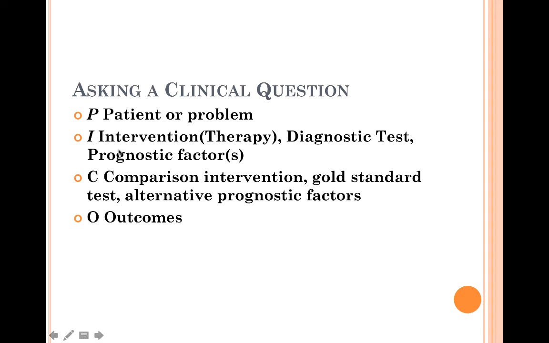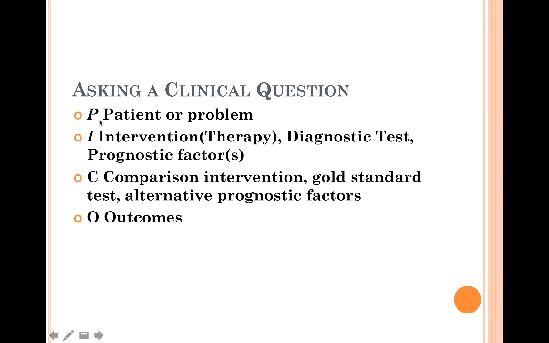So the I would be any one of these that you're interested in, and then what you want to compare it to would be the C. If we had an intervention or therapy that was interesting to us, like exercise, and say the comparison was surgery, then we would want to compare those two, so that would be the C. For a diagnostic test, you'd have the test here, and then the gold standard would be the C. And for the prognostic factors, it would be a yes on the prognostic factor or no on the prognostic factor. That's how the PICO question would work, and then the O is the outcome.